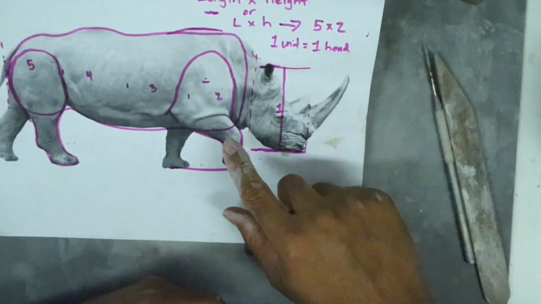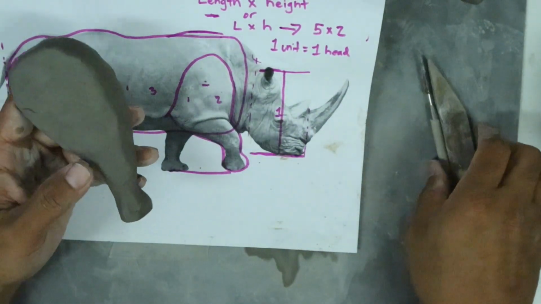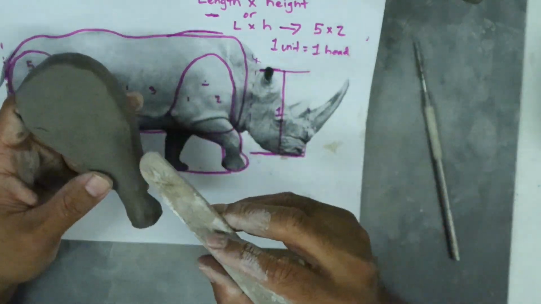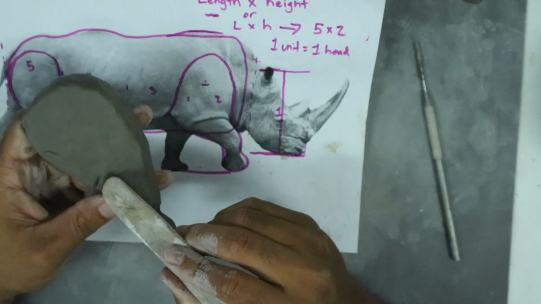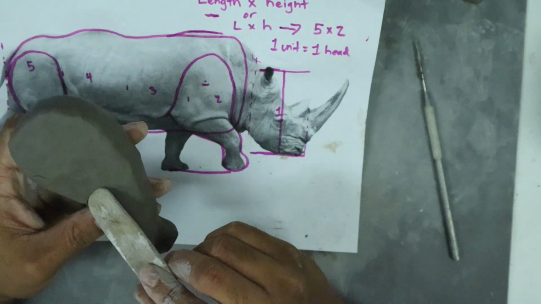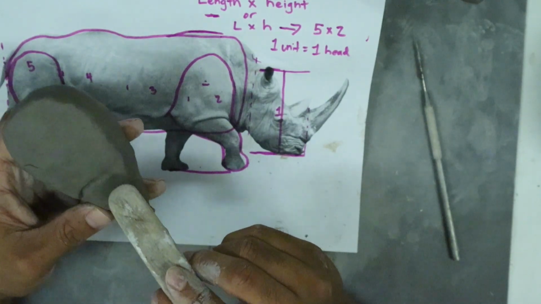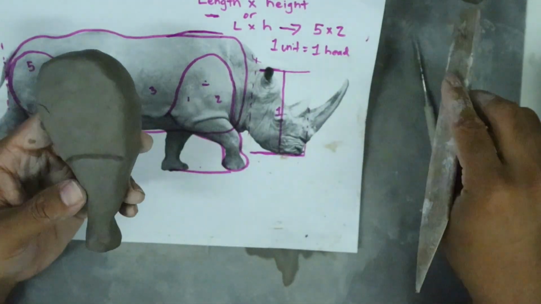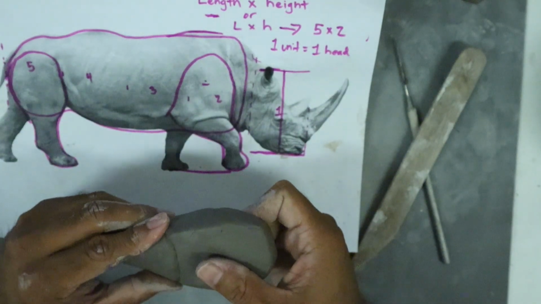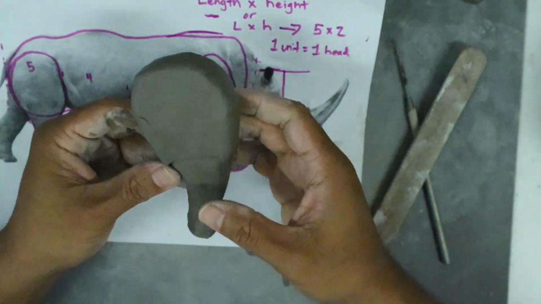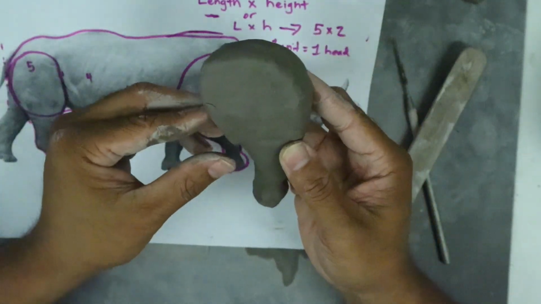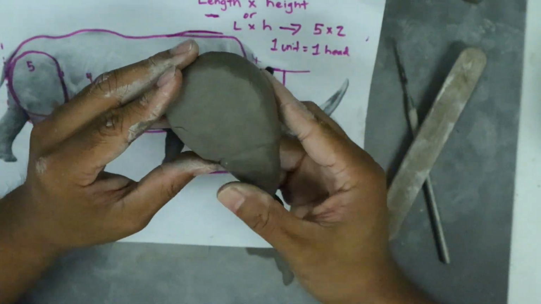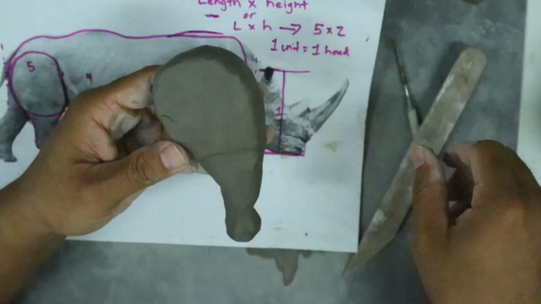There's a little fold on the leg too, and I could add clay, or I could just go ahead and carve it on there because I already have a lot of clay. I'm just gonna add that on there.